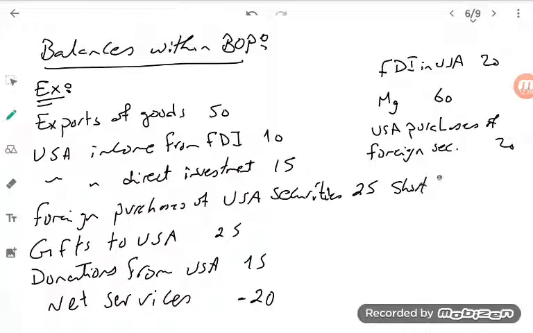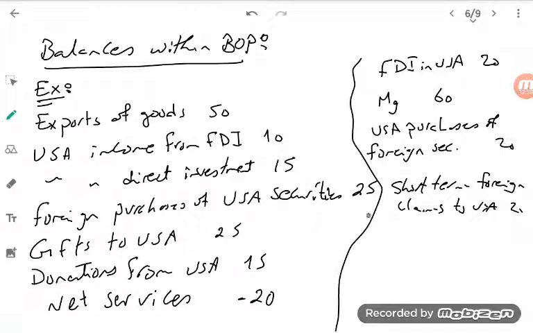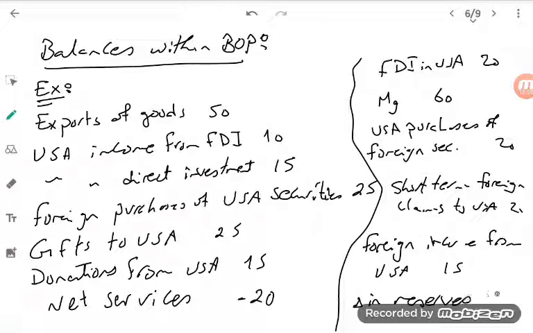Short-term foreign claims to USA, 20. Foreign income from USA, 15. Exchange in reserves is 20.